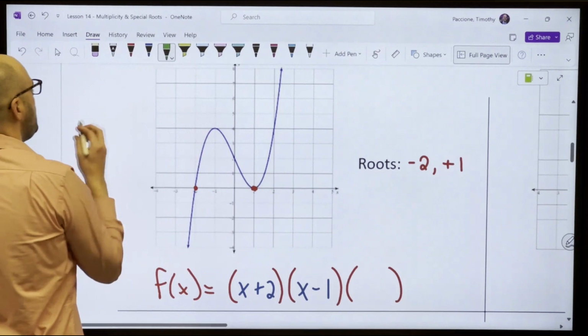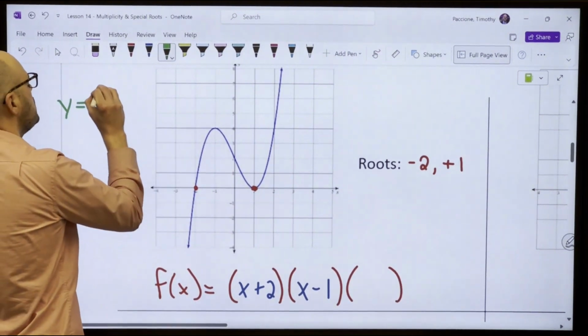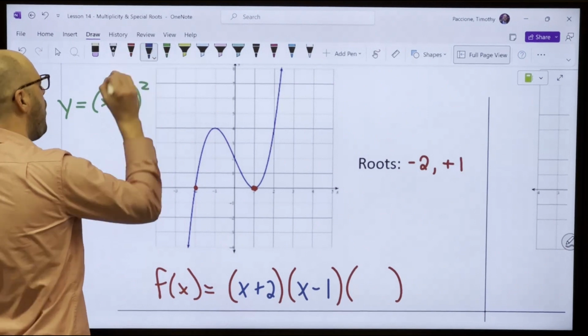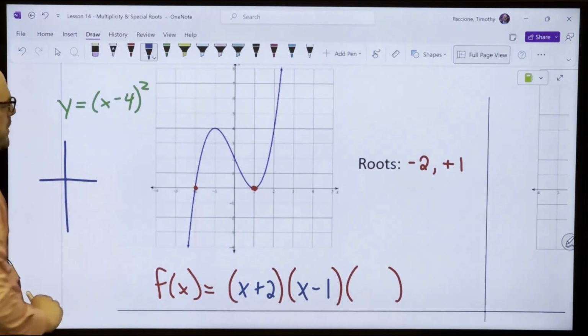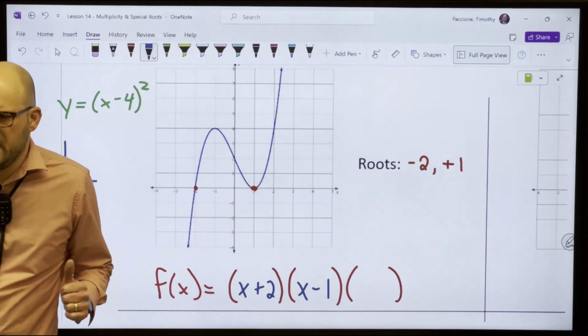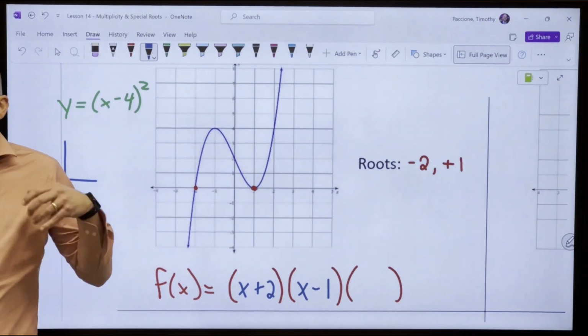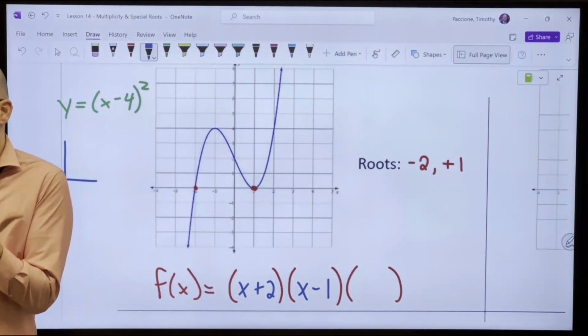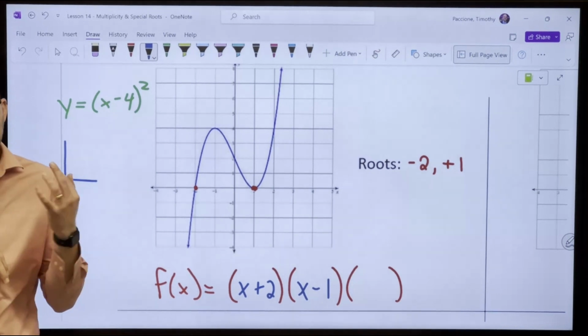Now, let's talk about the graph of y equals x minus 4 squared, and let's think all the way back to parent functions, right? With our parent functions, we were not worried about roots yet. We don't even use that word yet. We're just like, okay, I know what the parent function does, and I know what the transformations are when there's things on the inside, when there's things on the outside.